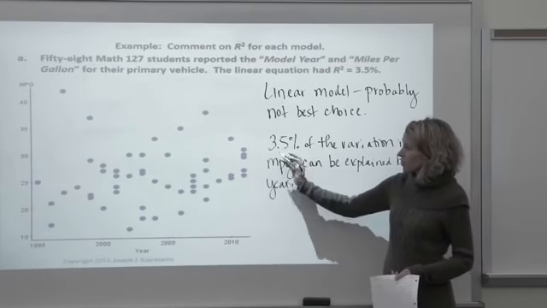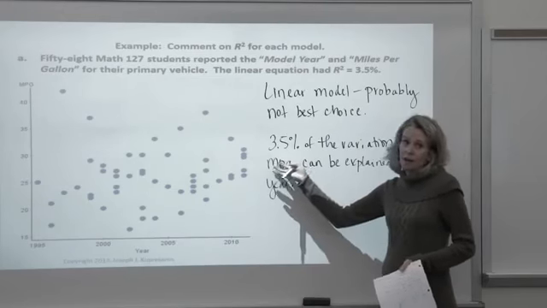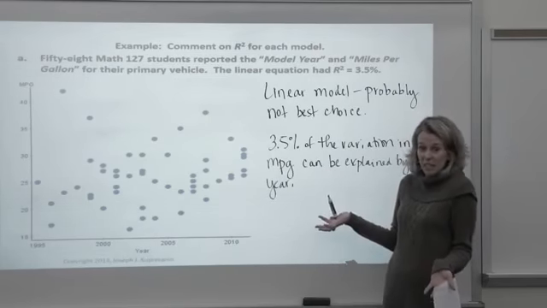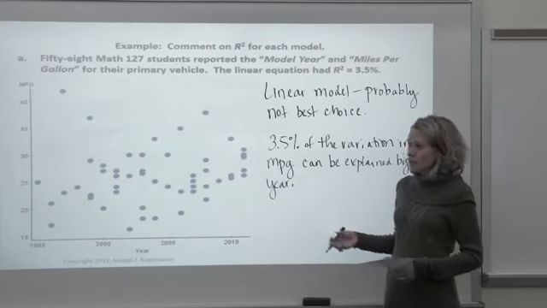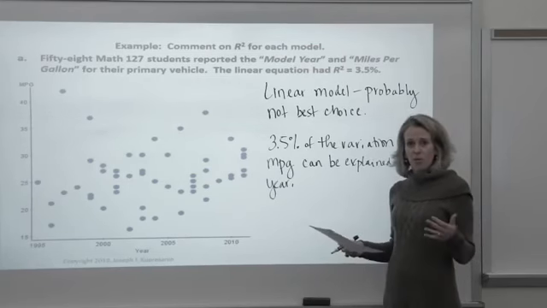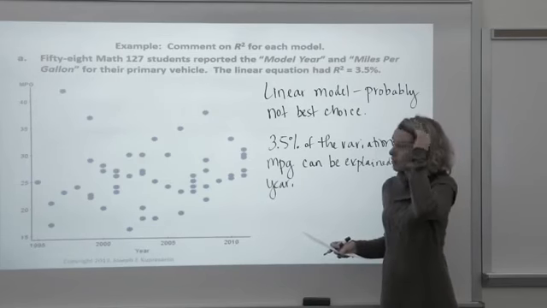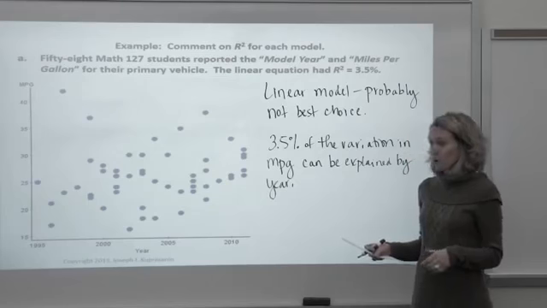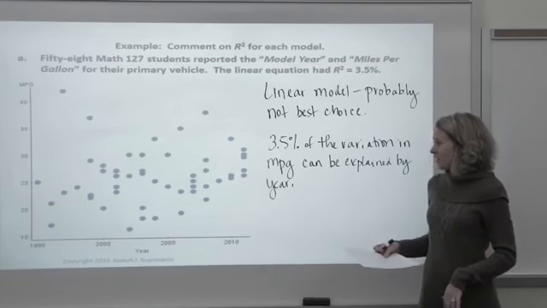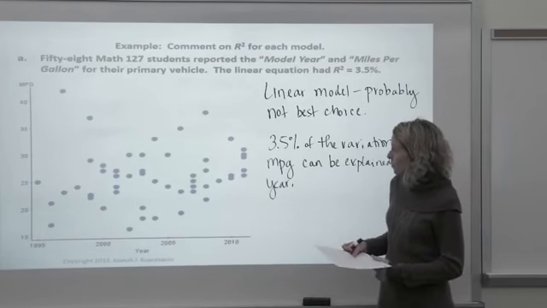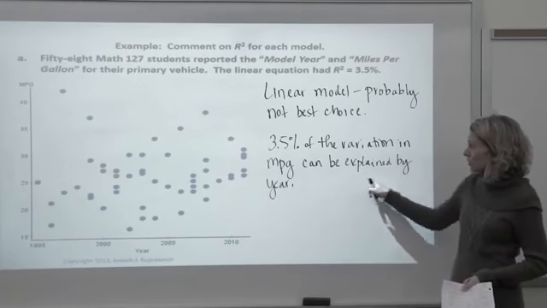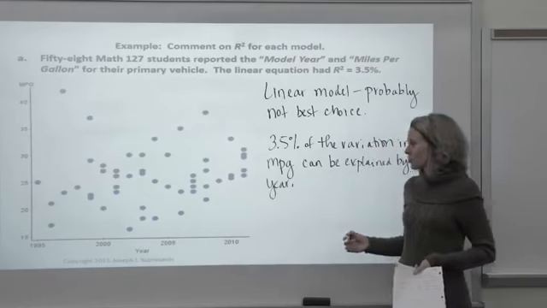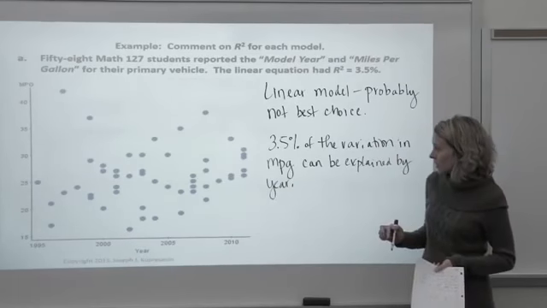If 3.5% of the variation can be explained, 100 minus that, the other 96.5% could not be explained. It's due to other things. Really, we could probably come up with some other variables that might have a much stronger relationship with your gas mileage besides year. Perhaps how heavy your car is might be a better predictor. So this would be the interpretation. However, overall, probably not a good choice to fit a linear model to this set of data.